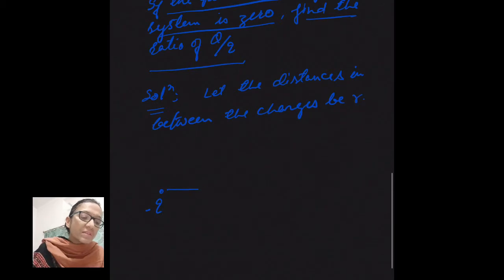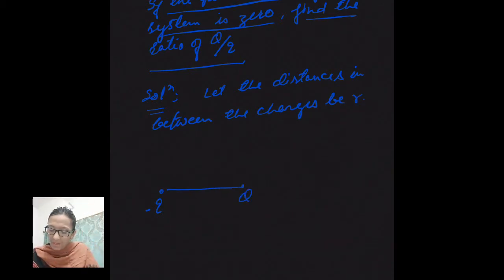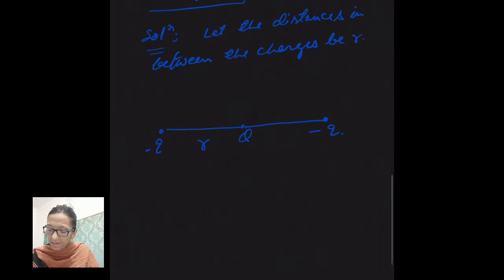So you have minus q charge, here you have a plus capital Q charge which is at a distance R, and again you have a minus q charge, and the net potential energy of the system of charges, as given, is 0.